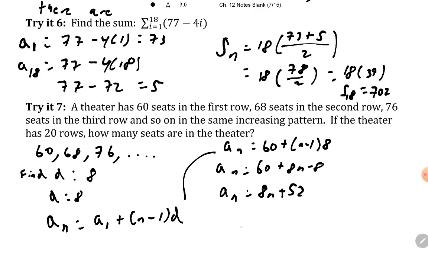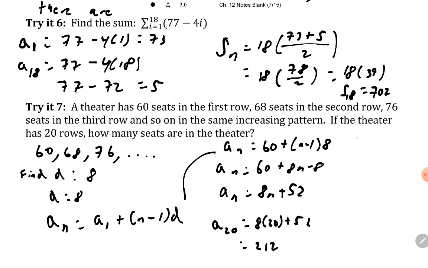And now we need to find a sub 20, which is 8 times 20 plus 52, which is 160 plus 52, which is 212.